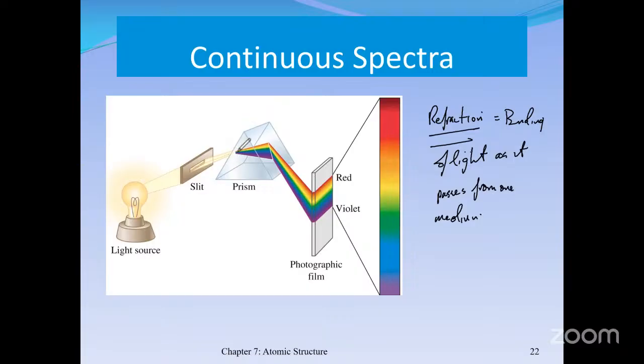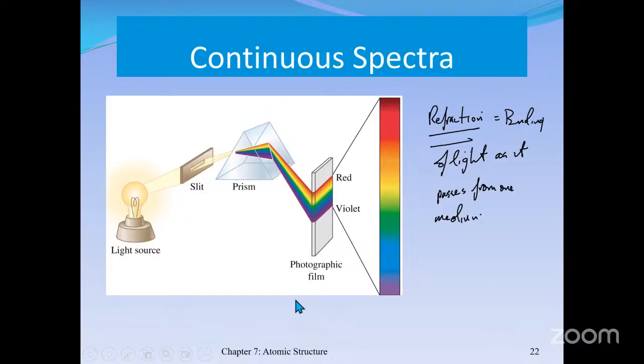So the refraction will take place here, and then another refraction will take place here, and then that light will be projected onto a screen, and you end up with what is called a continuous spectrum. Which is basically all the different colors of light, and you'll notice it's continuous, which means that as you go from one end to the next, the colors run into each other. There's no clear separation between the red and the orange and the yellow and so on. They just merge into each other as you go from one end of the spectrum to the other.